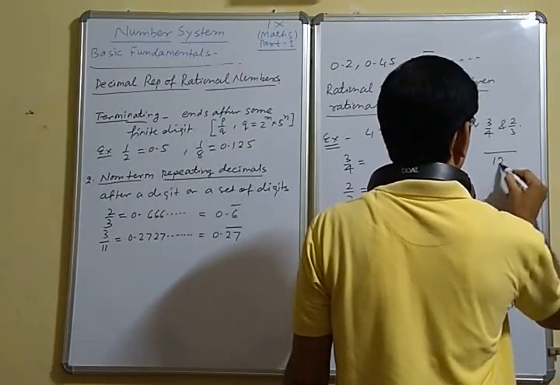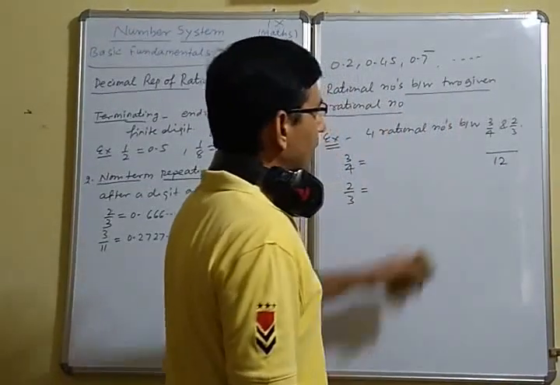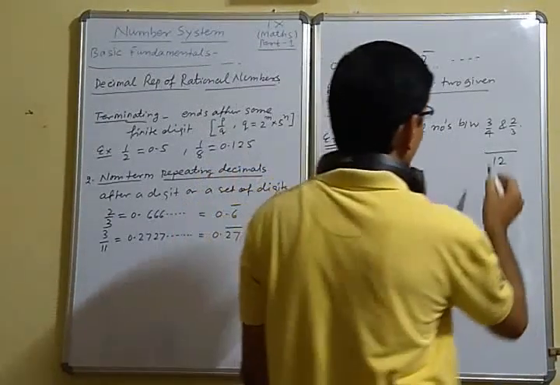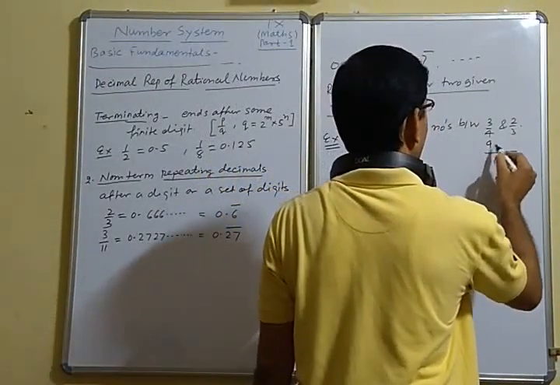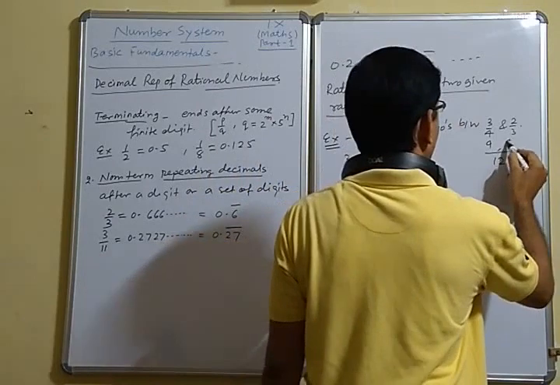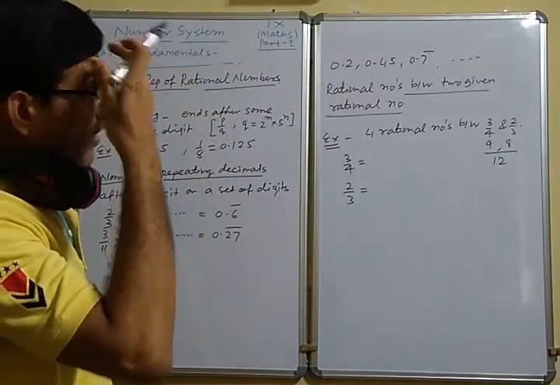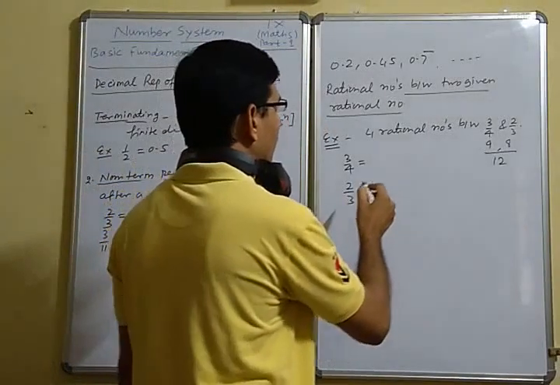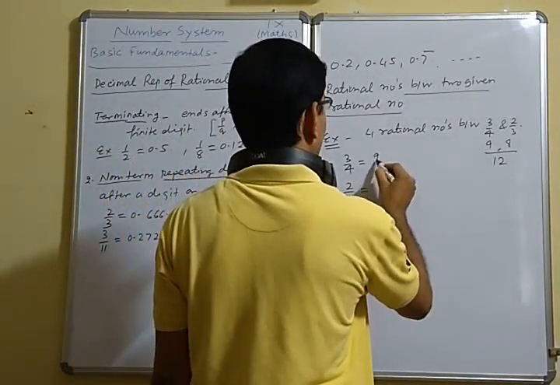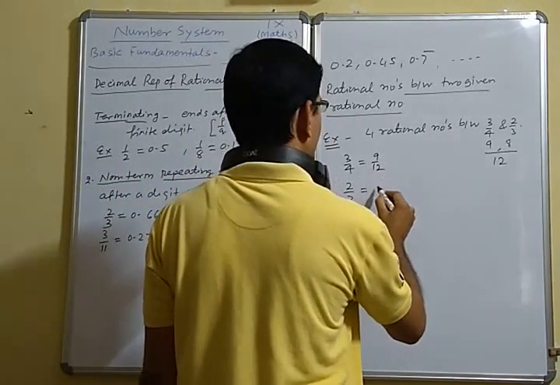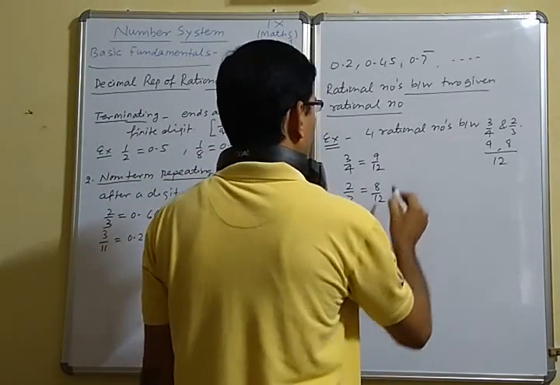It can be converted into 4, 3s are 12, so 3, 3s are 9, and 3, 4s are 12, 2, 4s are 8. So 3 by 4 we can write as 9 by 12 and this as 8 by 12.